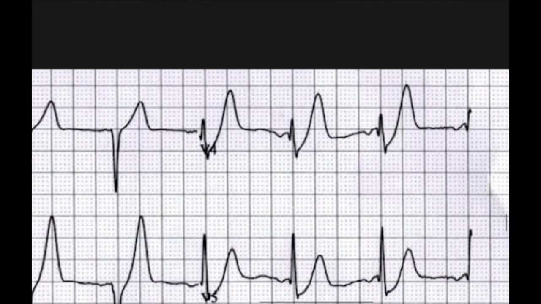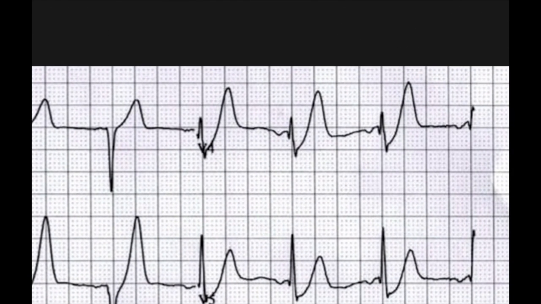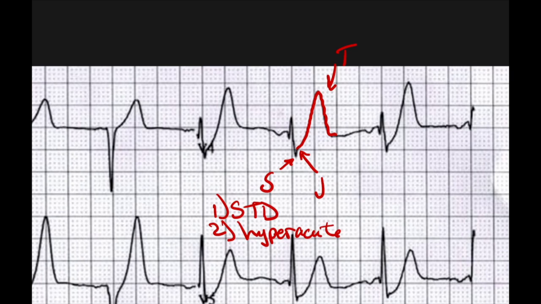To zoom in, here we have our S wave. Here's our J point, that flattening out. And notice that the J point begins the slur upwards into the T wave. So we have both ST depression and this broad and asymmetrical, hyperacute T wave. And that gives us our De Winter's T waves.